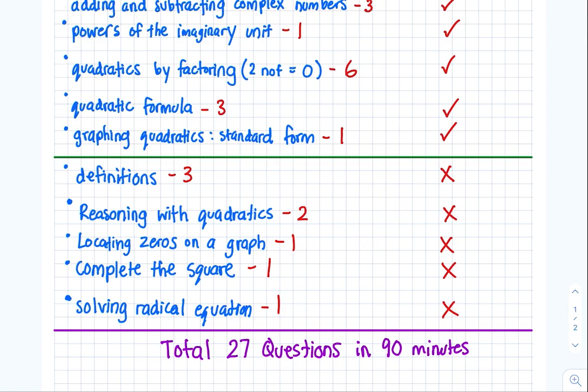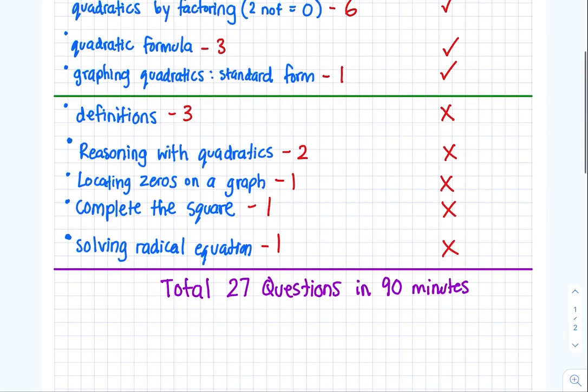For complete the square, that was something we learned third quarter, so it looks something like this if you forgot. They're going to ask you this, and then they're going to tell you to complete the square. Remember, to complete the square, you have to half this middle term.